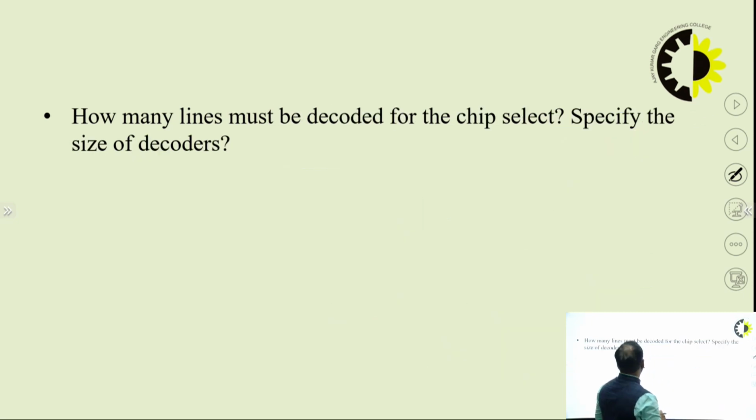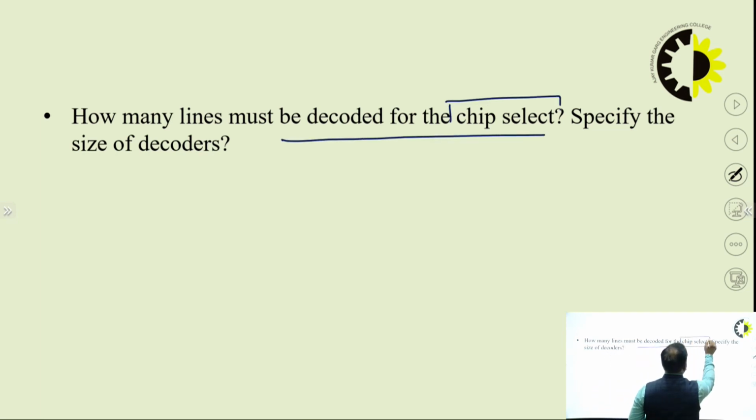Next is, how many lines must be decoded for the chip select?